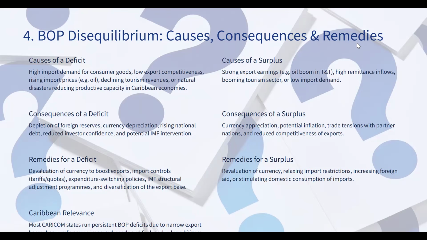If we have a deficit, we're going to end up with less money in our foreign reserve, because remember, that's what we're using for our imports. It also means we're spending more than we're getting in terms of international trade.